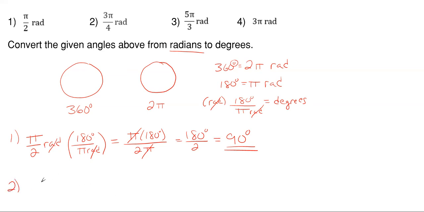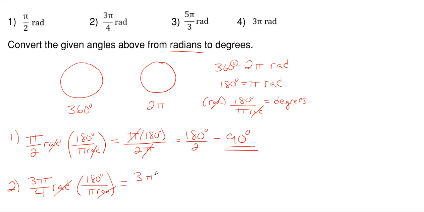All right, moving on to number 2 here, we have 3 pi over 4 radians. To convert that to degrees, we're going to have to multiply by 180 degrees over pi radians. So once again, radian units will cancel, which is good.